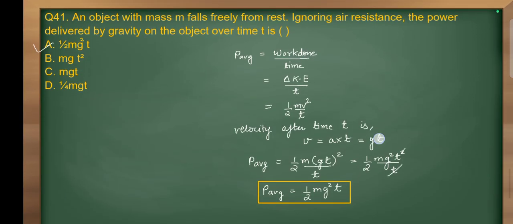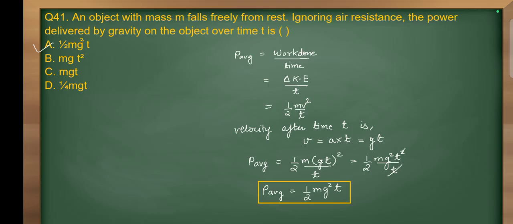Question number 41. An object with mass m falls freely from rest, ignoring air resistance. The power delivered by gravity on the object over the time t is. We know that average power is equal to work done divided by time, and work done is equal to the change in kinetic energy, and kinetic energy is half mv square.